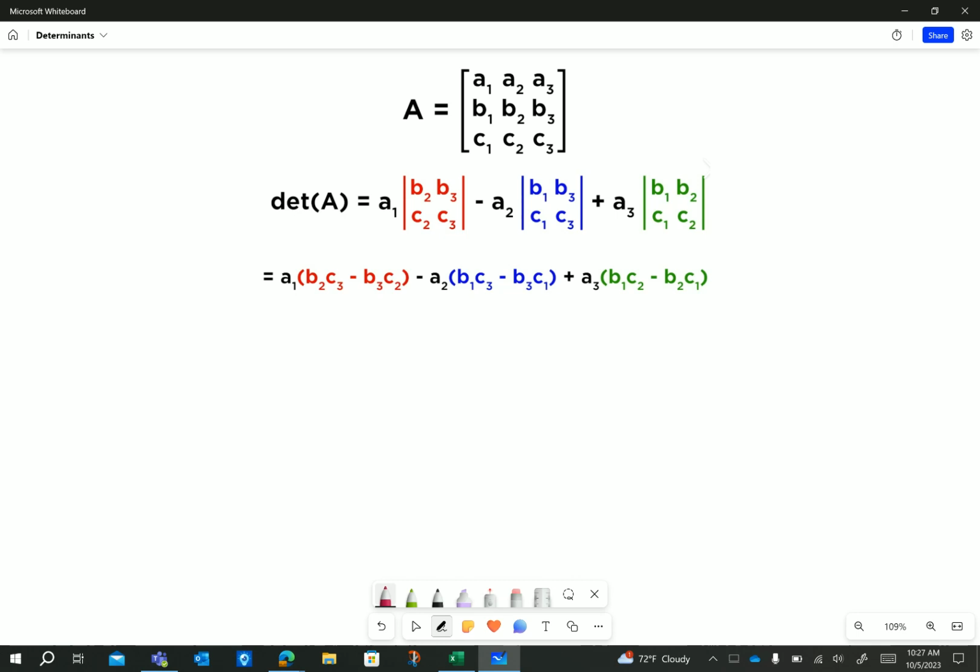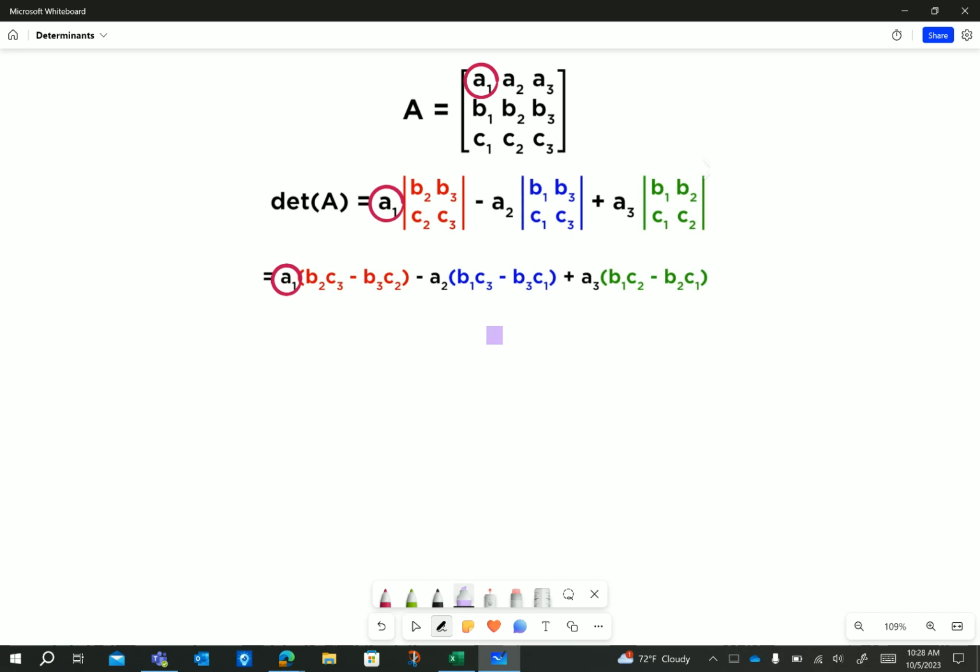To find determinant A, you're first going to focus on taking this first element, A1. It's always going to be the top row. All you do is use that element to block out a row and a column.